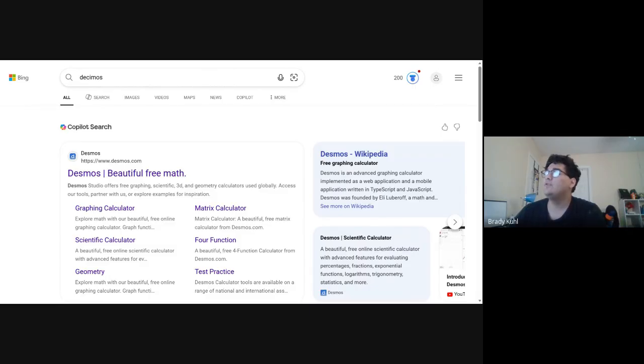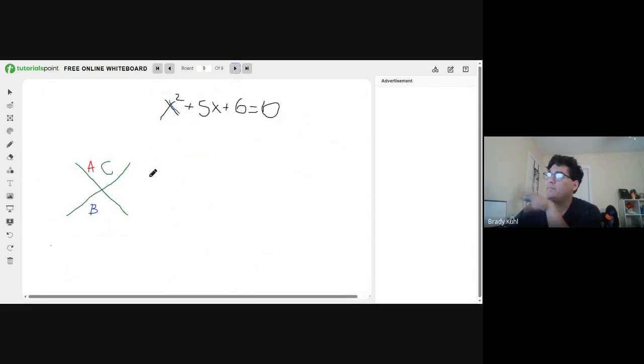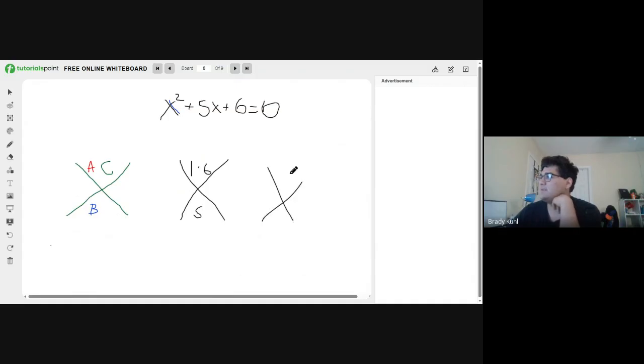Other option you can use is this. Oh, dang it. I forgot to go back and forth. The other method, you see how the decimals collaborated. As you can see, the other method would be this one, where you take the a times c, over b, and you get basically 6 and 5, and you take the factors.